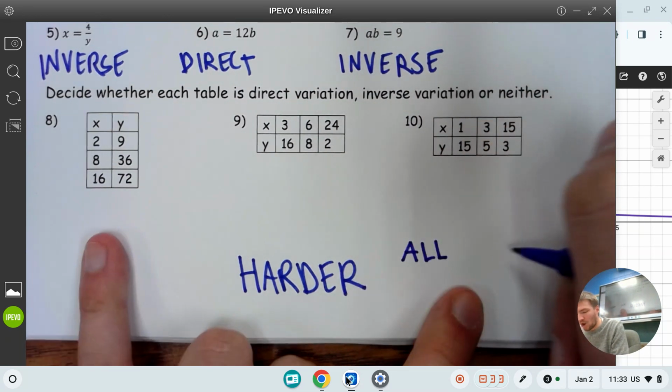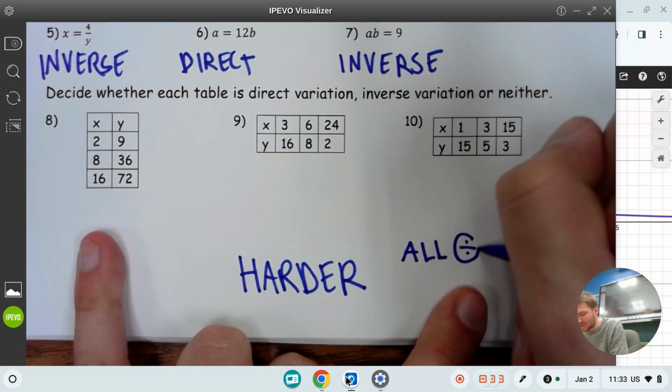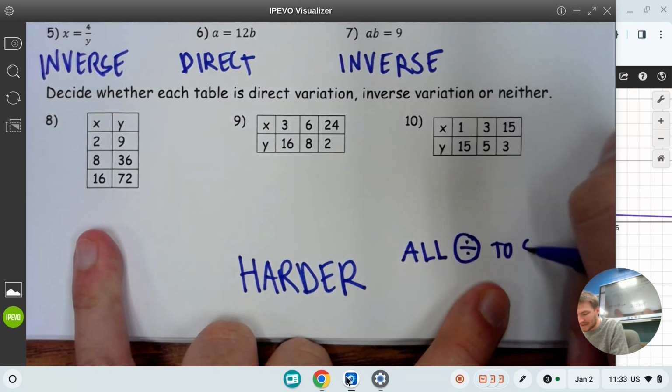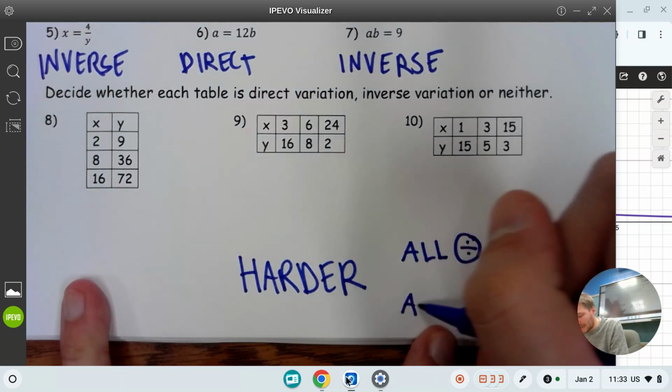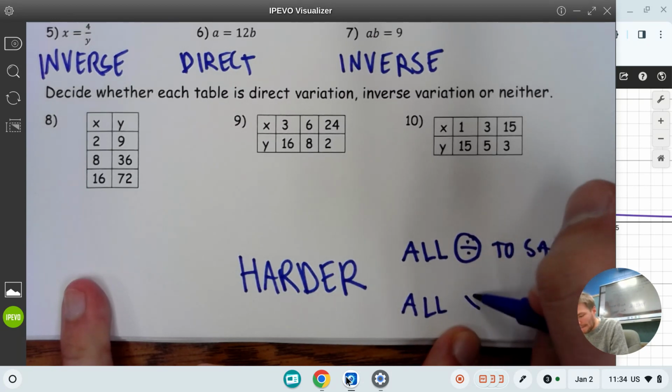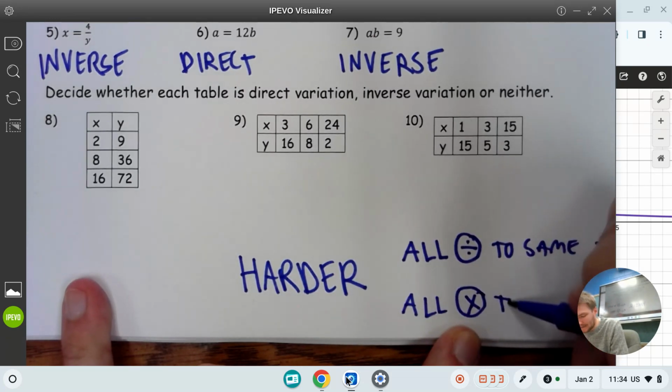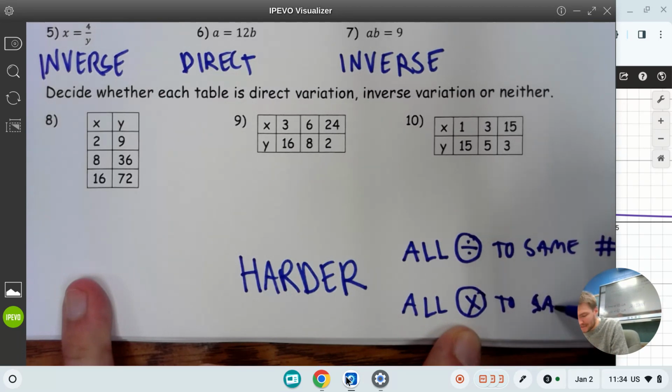They're either all going to divide to the same number, or they're all going to multiply to the same number.